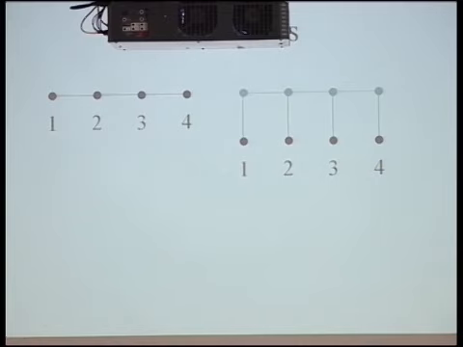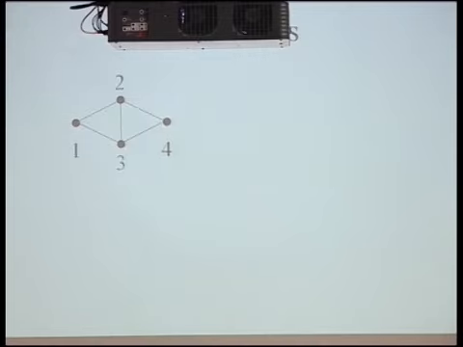Between 3 and 4. But between 1 and 3 is 4. So 1 and 3 are not adjacent. And 1 and 4 are not adjacent. 2 and 4 are not adjacent. So this is a three-leaf root. Very simple example. Here's another example. Again, a three-leaf power which has, for instance, this three-leaf root.